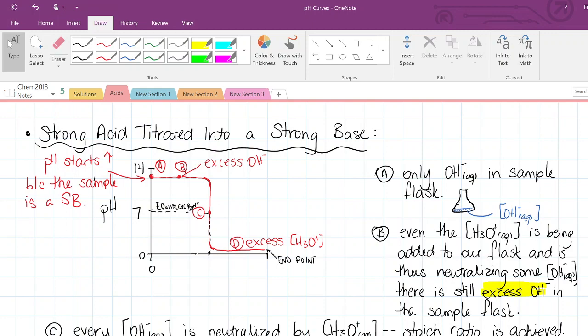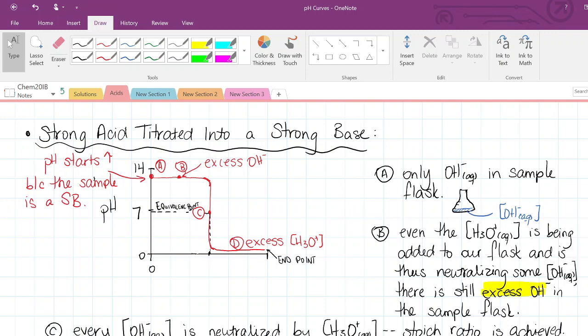If we're doing a titration analysis, we're looking for that point where all of the hydroxide ions in the sample have been neutralized by all of the hydronium ions being added to the sample. So if you can imagine us measuring the pH of this sample, we're dealing with a strong base, which means that our pH is going to be relatively high to start, right?